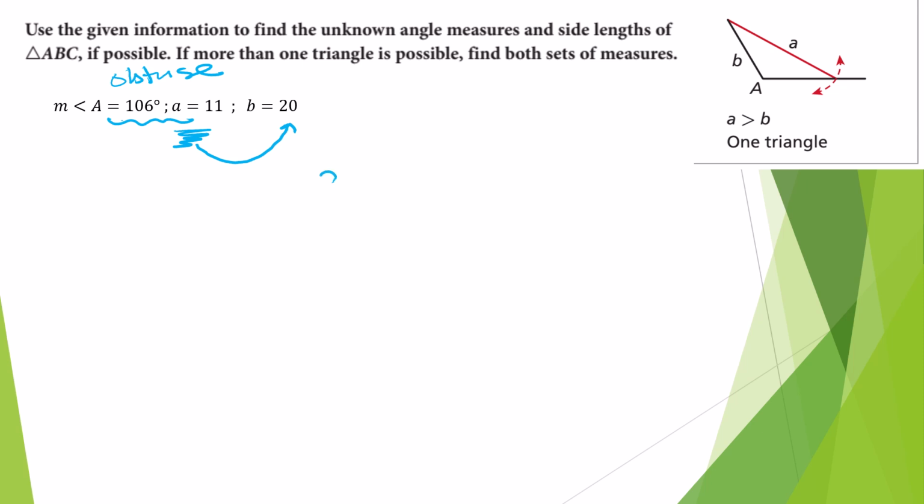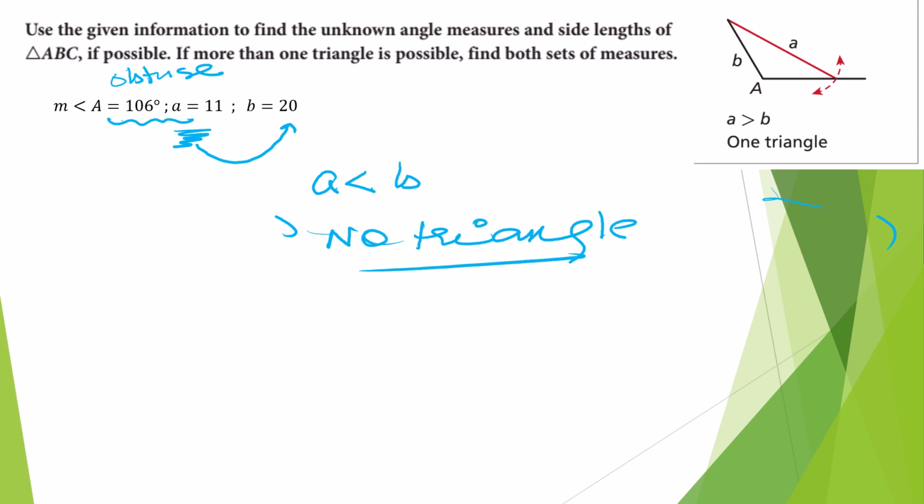So here A is less than B. So if A is less than B, we cannot make any triangle. So here we will write no triangle. I cannot make any triangle.